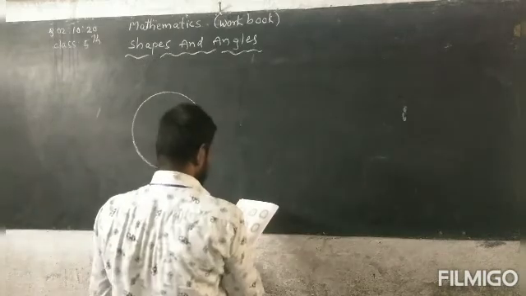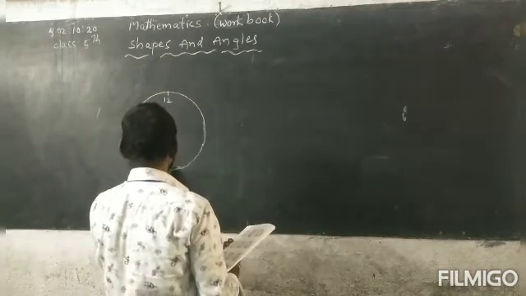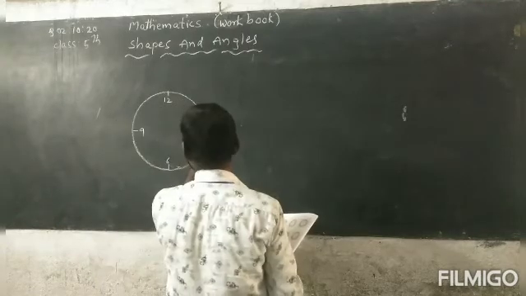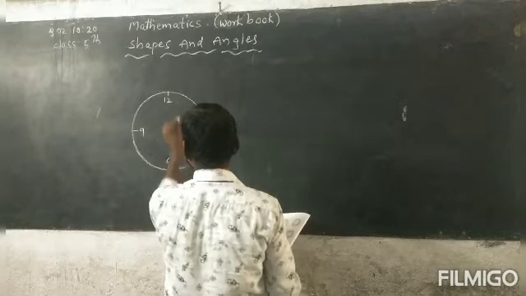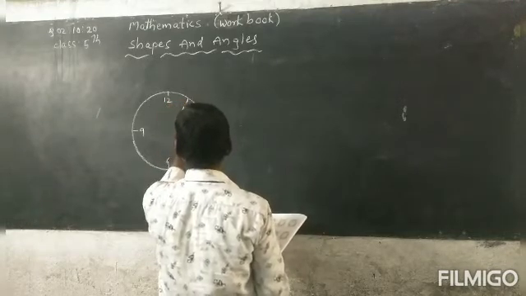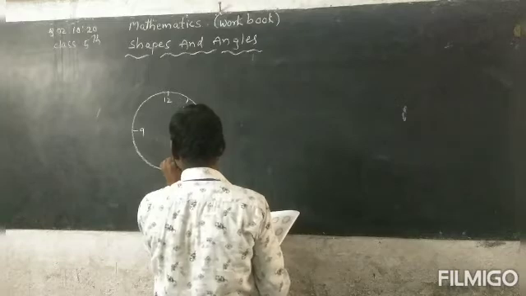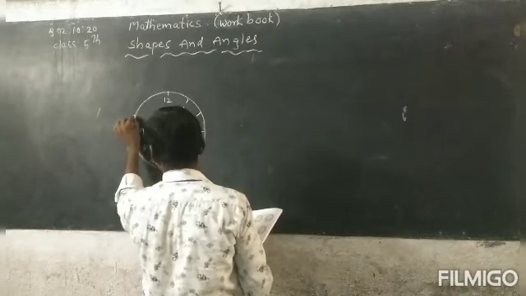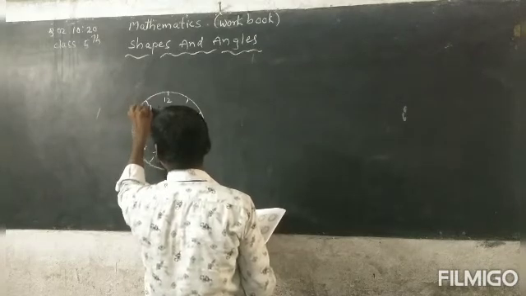So, this is 12, this is 6, 9, 3, beta. Here 1, here 2, here 4, 5, 7, 8, 10, 11.